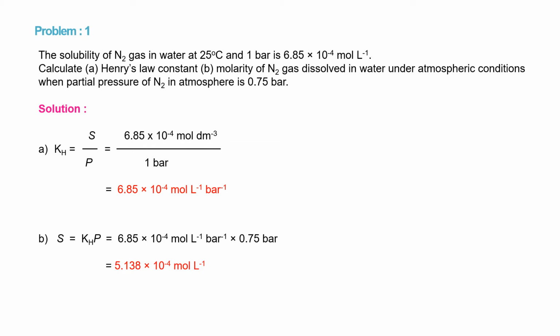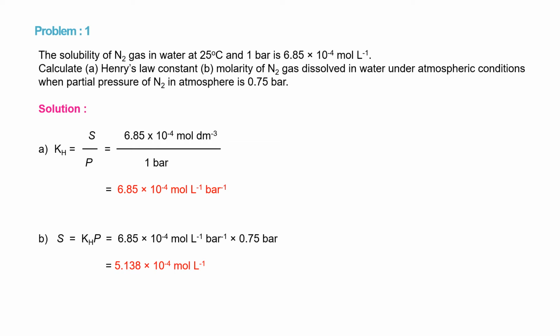Bar is a unit of pressure, and they give you the solubility of N2 gas in water, 6.85 into 10 raised to minus 4 mole per liter. For N2 gas dissolved in water, you have to find the Henry's law constant, that is, KH.